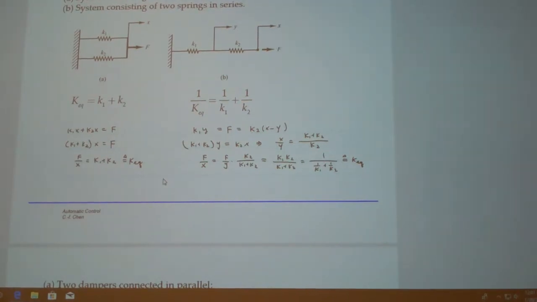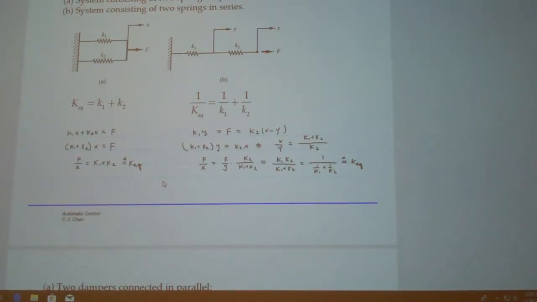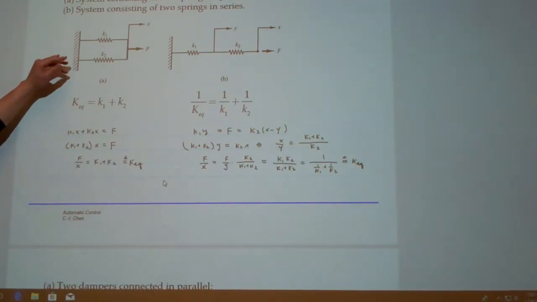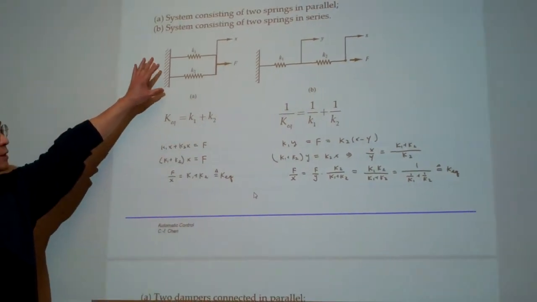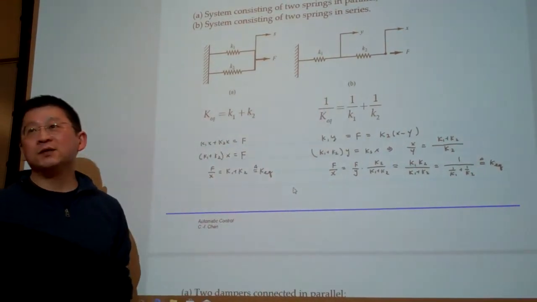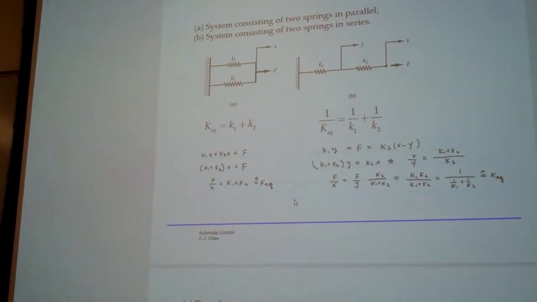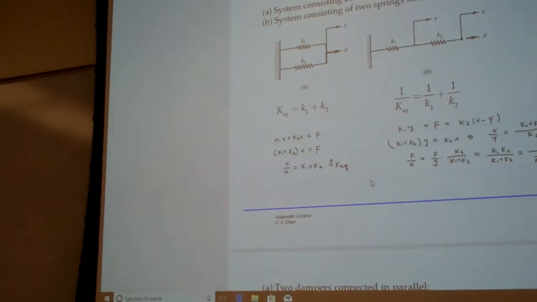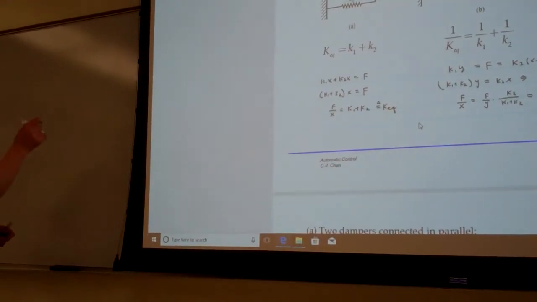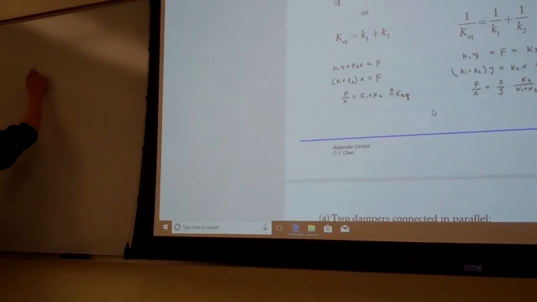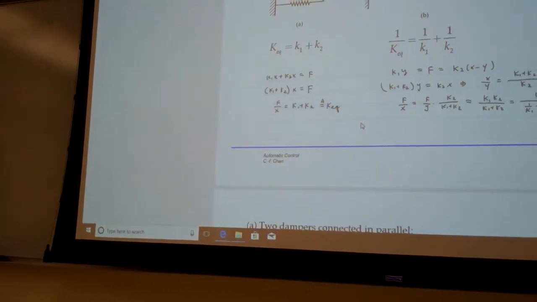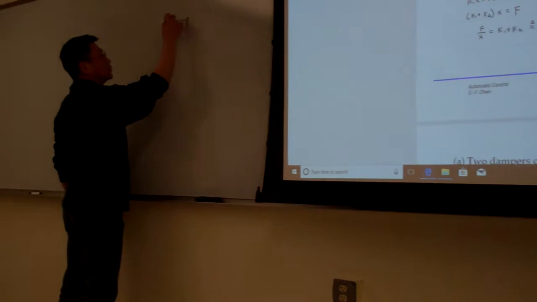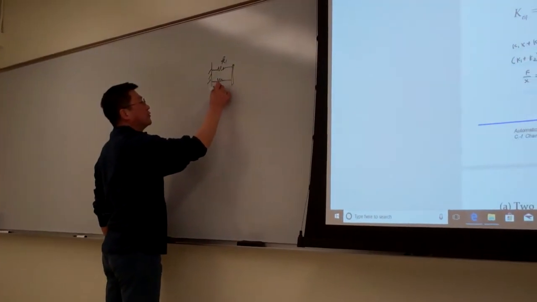So for vibration systems, the first thing we will deal with is the combination of multiple springs. Springs can be combined in parallel or in series, and either way our interest is to find the equivalent spring constant. Taking this example, if we have a parallel spring system, let me call the springs K1 and K2.